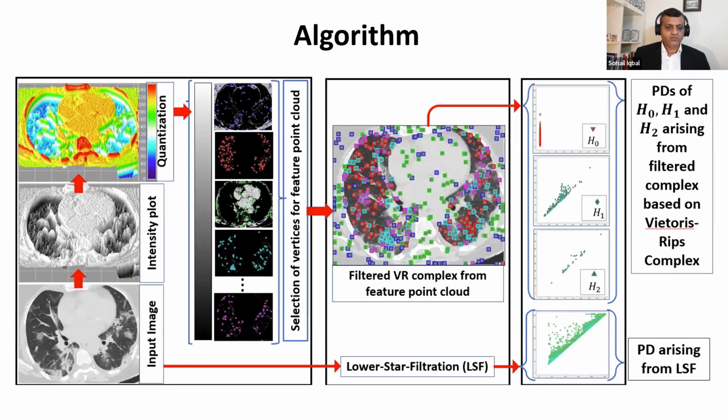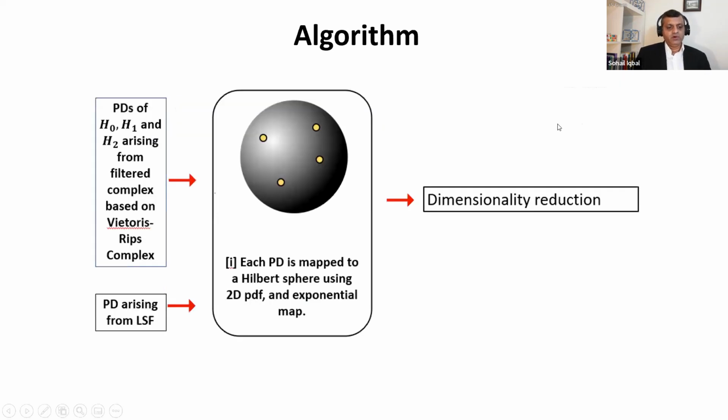Once again, here is the summary of the things. We started from here. After the quantization, we got this point cloud, and using the Vietoris-Rips filtration, we got these persistent diagrams, and from here we map them onto the Hilbert space. These points on the Hilbert space are very high dimensional.